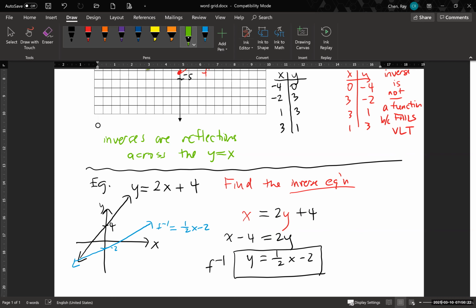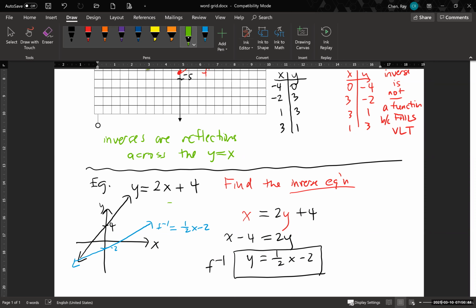And some of you are probably asking, where's that green line? It's not the greatest, and I do apologize, but that's the reflection line. So I'm going to erase it right now just so that you can see it. And that's why if you tilt your head, the black line reflects across that green line, and that's why we get that blue line that I've just drawn.